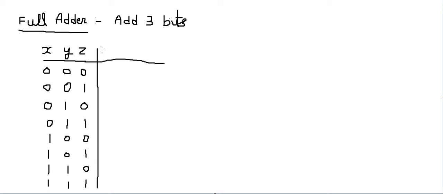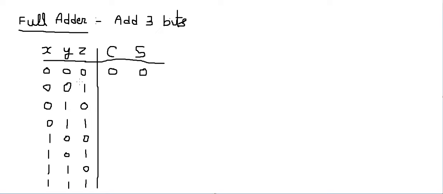In the output, as I told you in my previous video, a carry is generated along with the sum. I am using the symbol S for sum and C for carry. Let's take this combination of bits, 0 0 and 0. In that case the sum will be 0, and there will not be any carry generated from this combination.